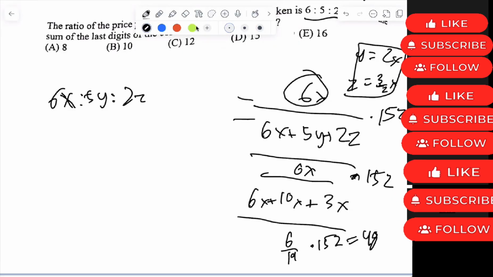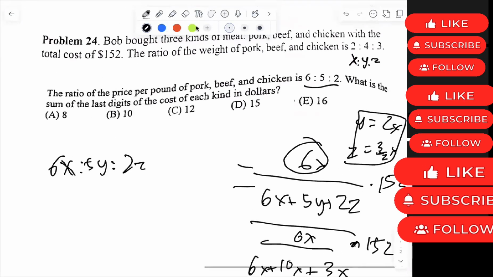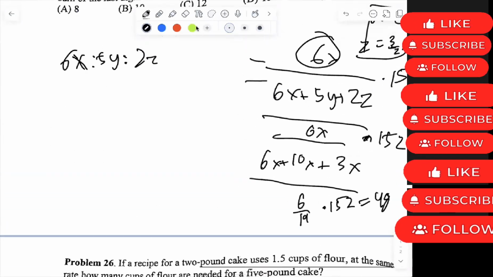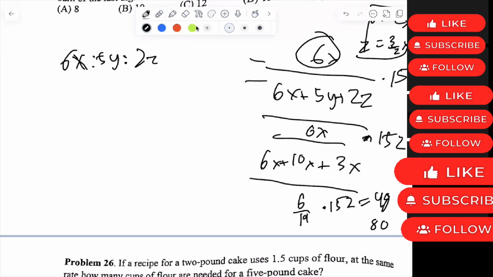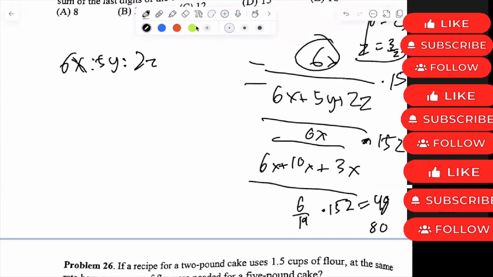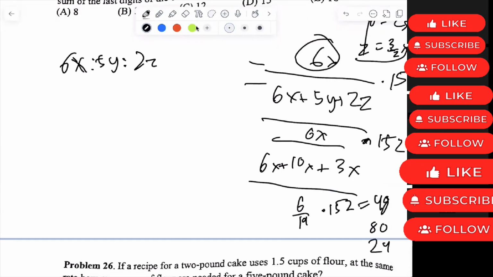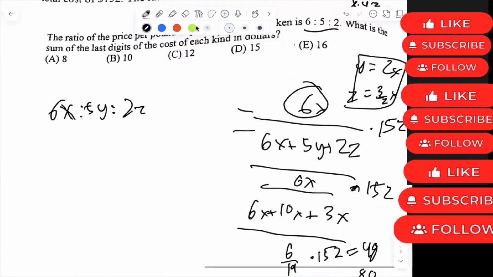And then we can do the same with beef. Now beef, that's going to be 80. And then lastly you can do it with chicken. That's going to get you 24. So adding it all up will give you 152. So we did it correctly.